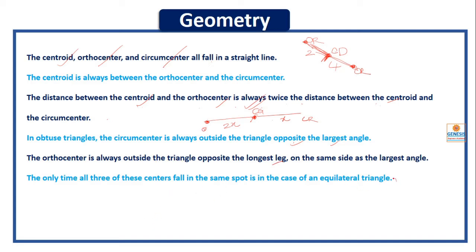One more important one: for an equilateral triangle, the orthocentre, circumcentre and the center of gravity or centroid happen to be at the same point. So the distance between the centroid and orthocentre, and centroid and circumcentre, is 0. Got my point? This is very important.